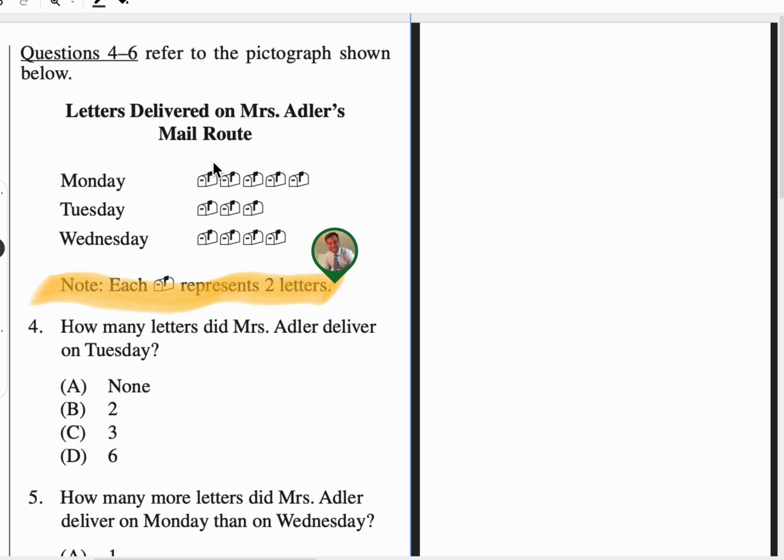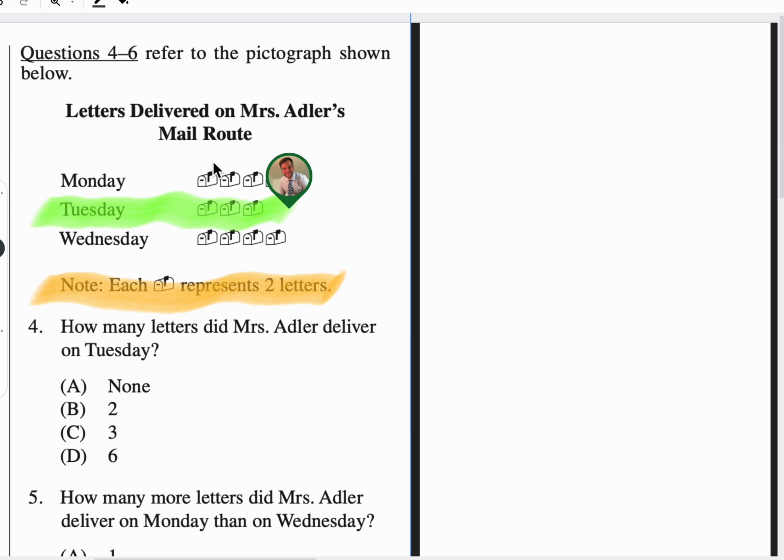The first question, number 4, is how many letters did Mrs. Adler deliver on Tuesday? Here noting that each symbol will represent 2 letters, we'll take a look at Tuesday. Tuesday has 1, 2, 3 symbols.